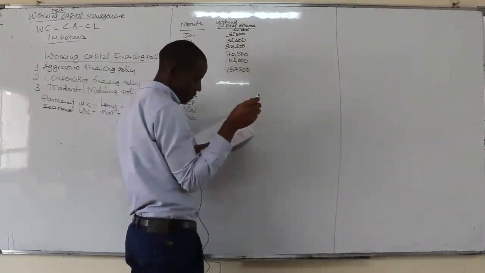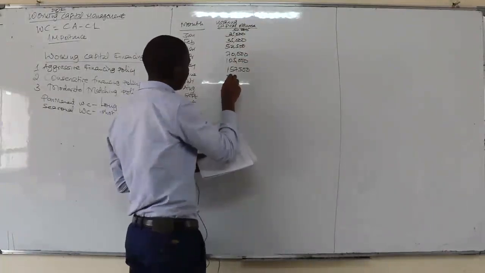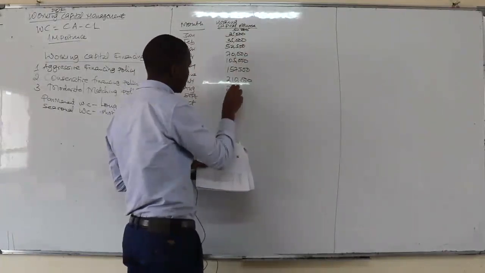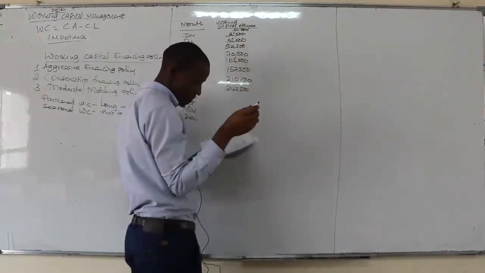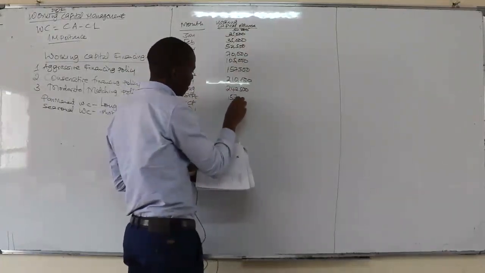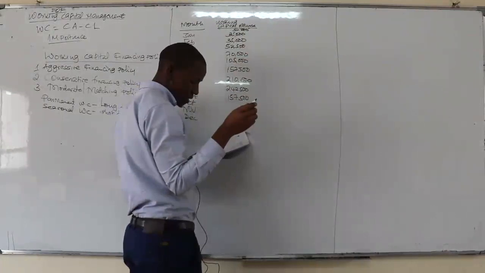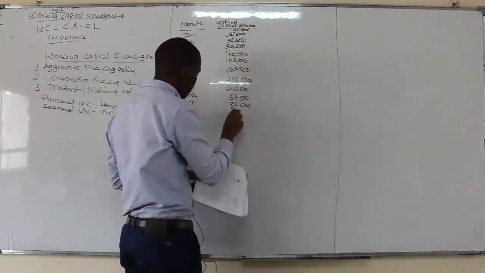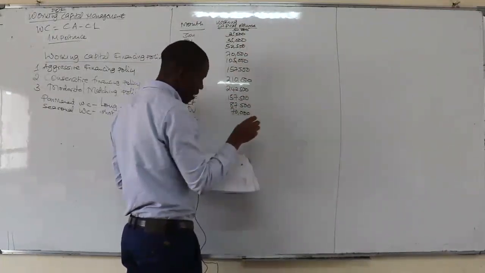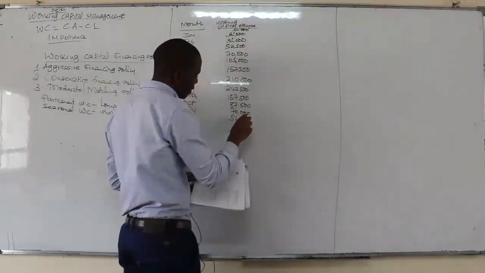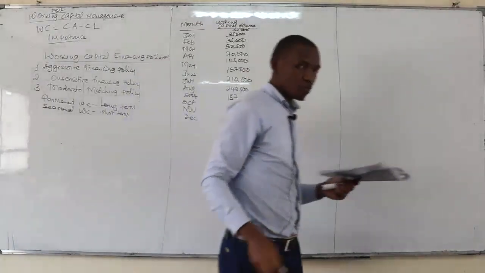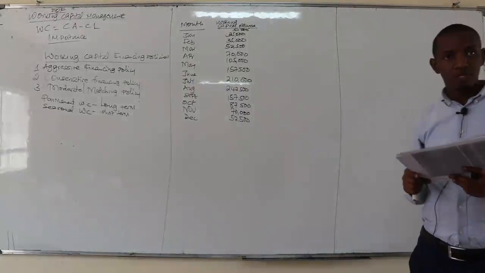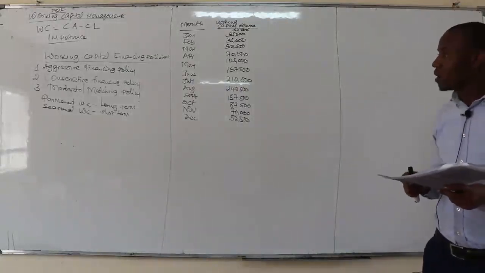Then the other one is 210,000, 242,500, 157,500, 87,500, 70,000, and then we have 52,500, 52,500, 52,500.